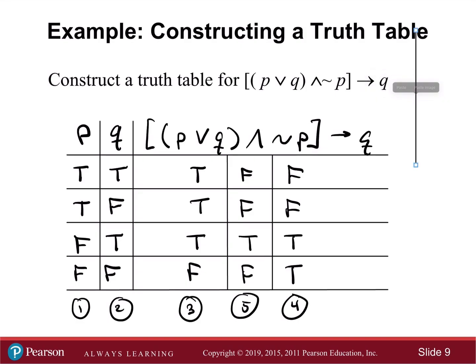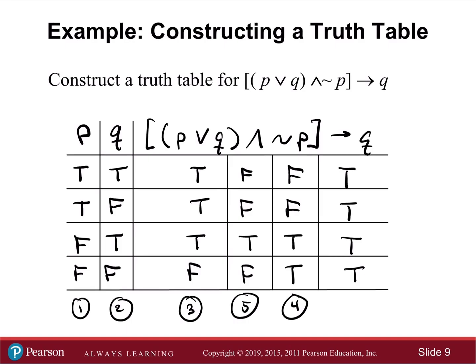So then our final column, we want to say column 5 implies column 2, right? So we're saying 5 implies 2. Implication is always true except true implies false. False implies anything is true. False implies anything is true. True implies true is true. False implies anything is true, right?